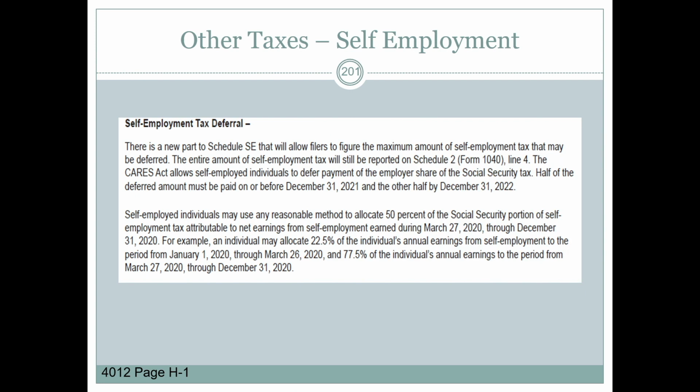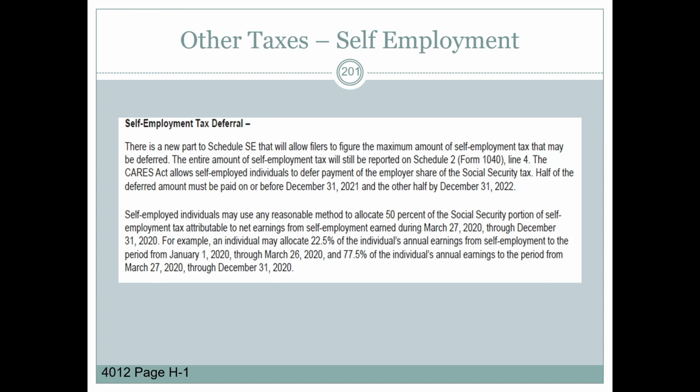There's a new part to the Schedule SE that will allow filers to figure the maximum amount of self-employment tax that may be deferred. This came about as a result of the CARES Act. The entire amount of self-employment tax will be reported on Schedule 2, Form 1040, line 4.